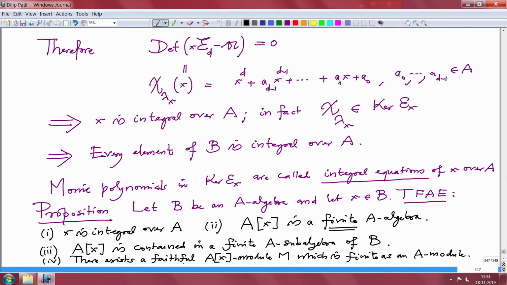I want a faithful module over the A[X] ring which is finite as a module over A, and we have given that it is contained in a finite subalgebra. Let me write here C. So this is a finite subalgebra and this is contained there. So this C is a ring, in particular a subring of B, so it contains 1. So therefore that C will be a faithful module over A[X], and that becomes very clear.